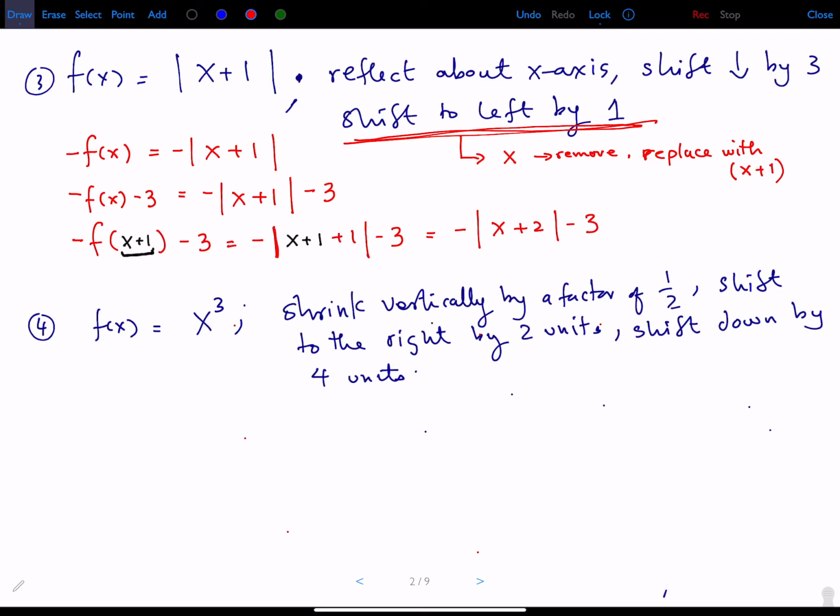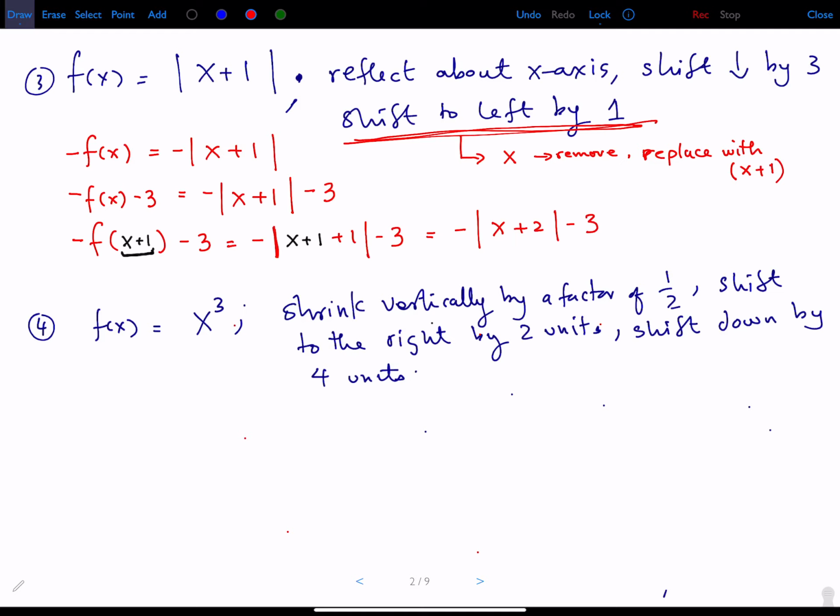Okay, let's look at the next example. I have my basic block function x cubed, and I want to shrink vertically by 1/2, shift to the right by 2 units, and shift down 4 units.